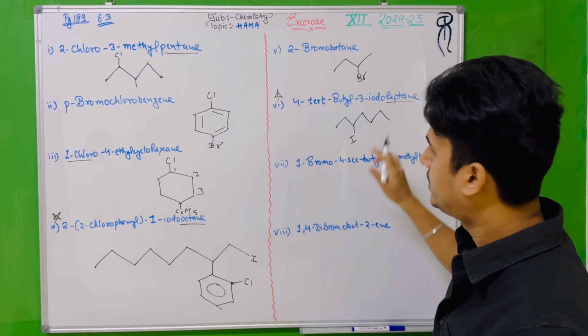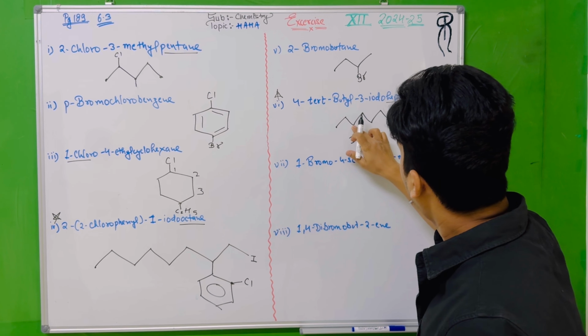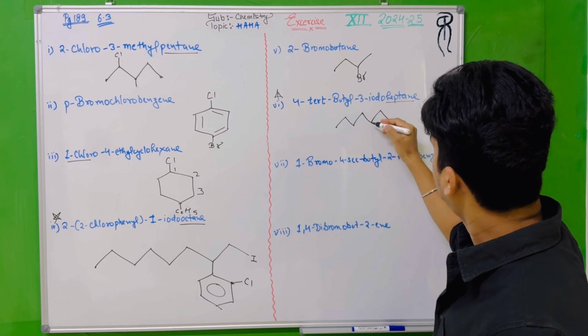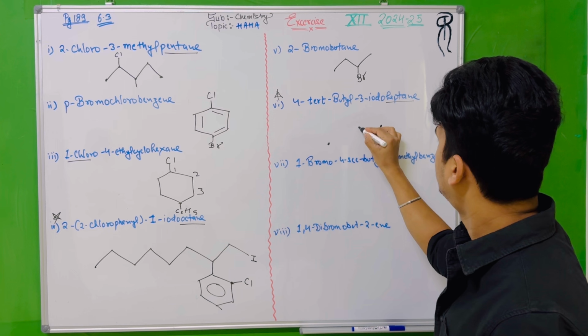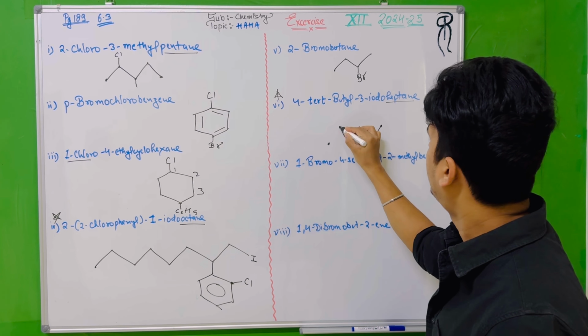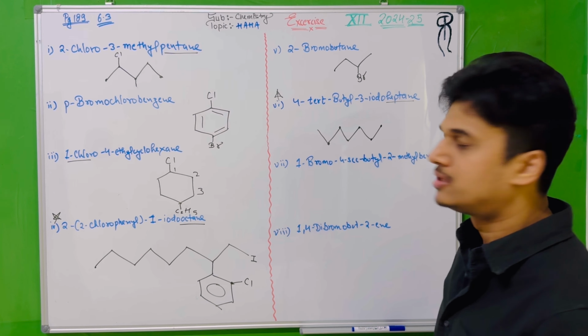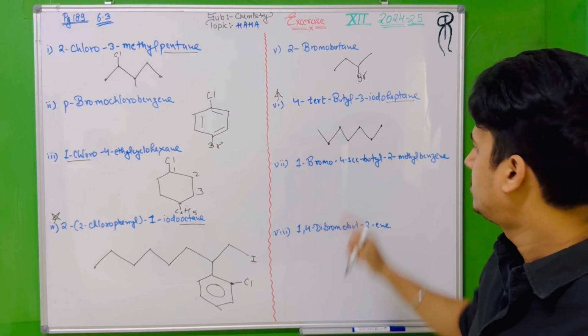I will do one thing. I will draw it a little big because there is no place over here. 1, 2, 3, 4, 5, 6, 7. This is your heptane. 3-iodo: 1, 2, 3.